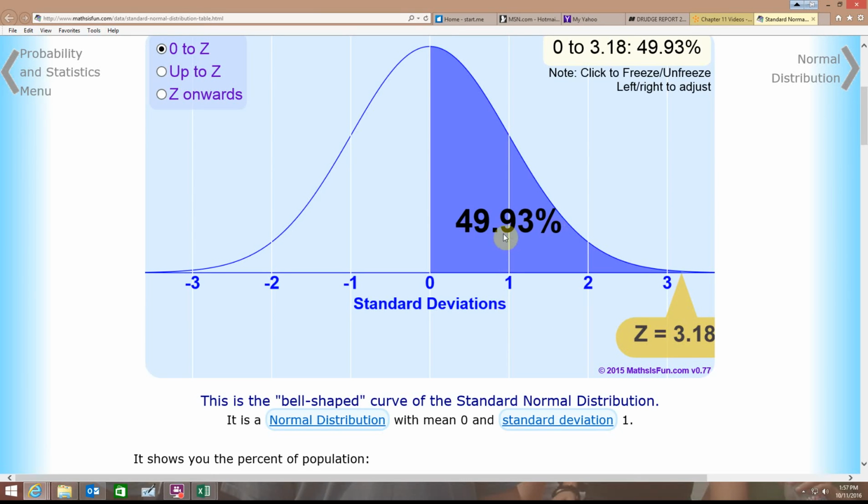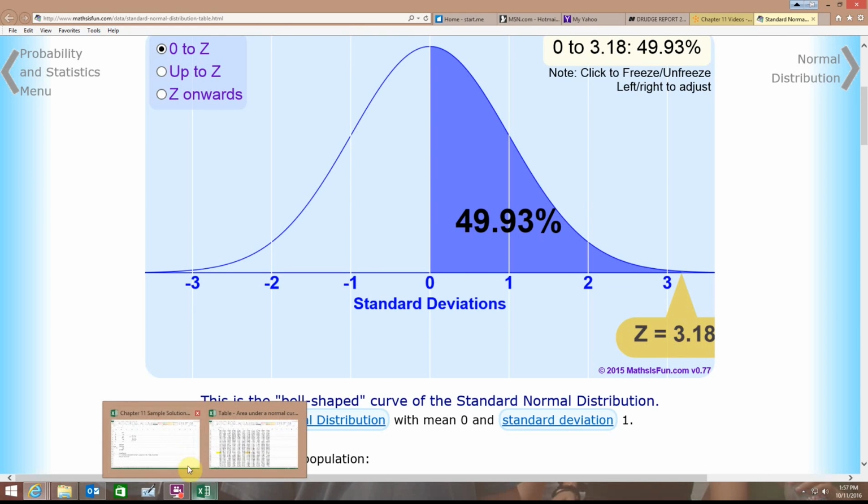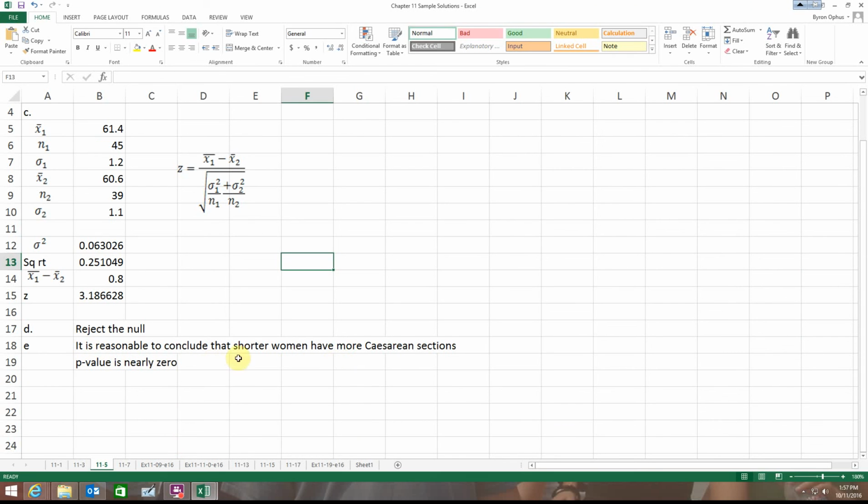So my p, since it's a one-tailed test, is actually 0.0007, or 0.07%. So it certainly affirms that it's reasonable to conclude that shorter women have more cesareans, and the p-value is nearly zero, which makes that an absolute certainty in that case.